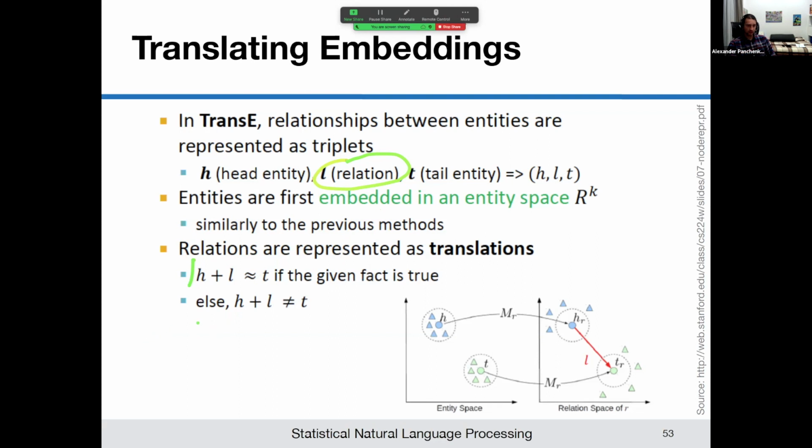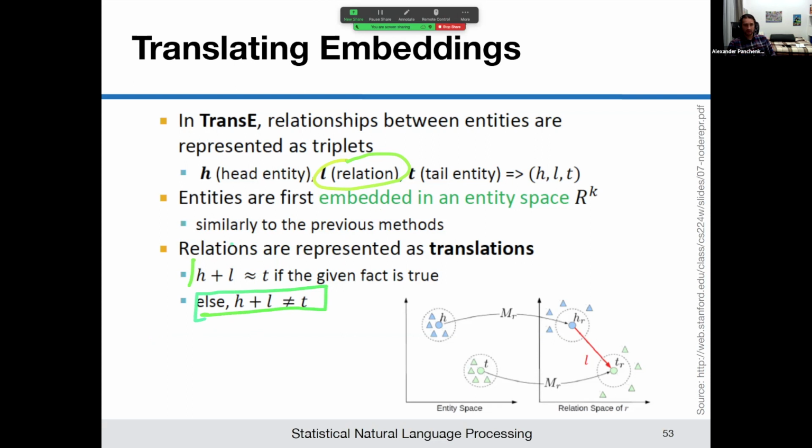And we should not have some statement which is not encoded in the real graph.